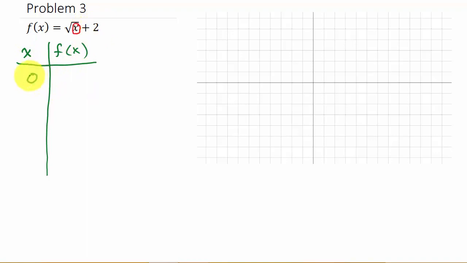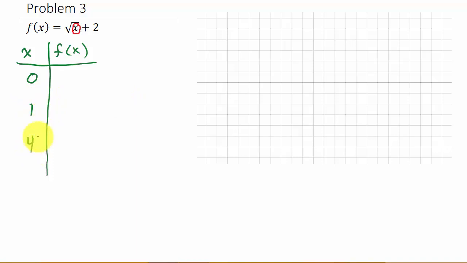I'm not worried about this 2 right now because it's not underneath the square root. I'm just looking underneath the square root to see what makes it 0, and in this case, it's 0. Once you choose that number, you want to pick 2 numbers larger. I'm going to choose 1 and 4.